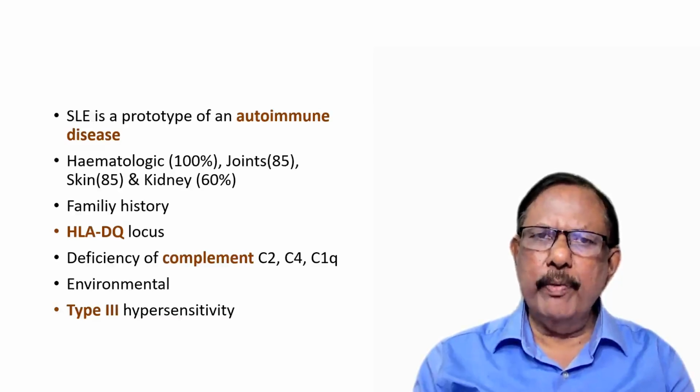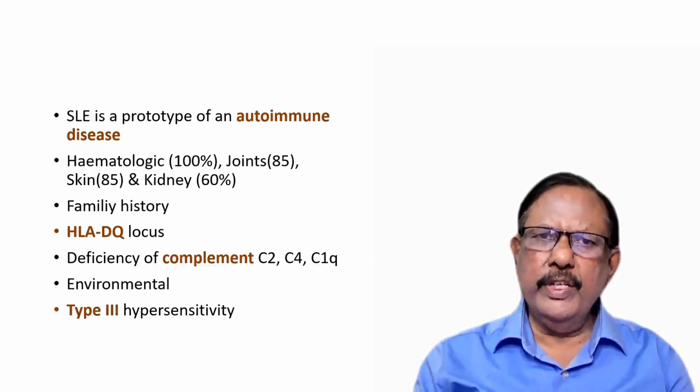SLE is a prototype of an autoimmune disorder, the other being rheumatoid arthritis. And almost every organ system is affected. Hematological manifestations 100%, joints in 85%, skin again another 85%, and the kidney 50 to 60% of cases. There can be a family history and an association with the HLA DQ locus.